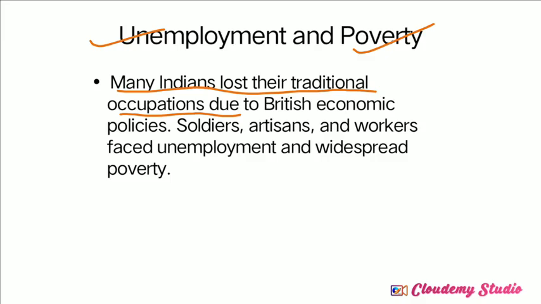All those traditional occupations completely declined and were ruined under British rule. Due to British economic policies, for example, soldiers, artisans and workers faced unemployment. Unemployment started to increase, so the economic condition of Indians decreased here.